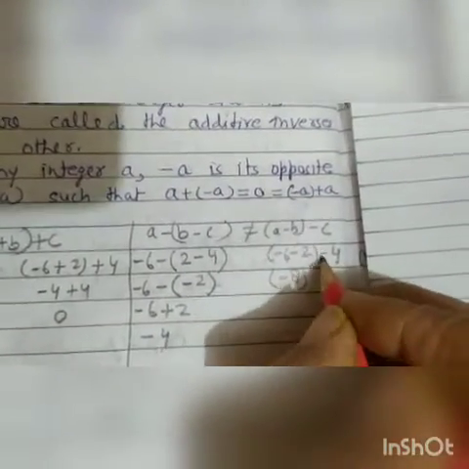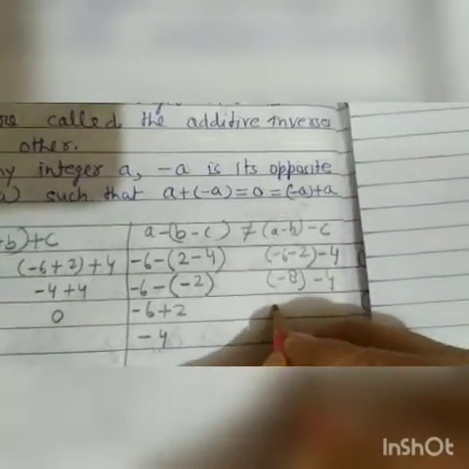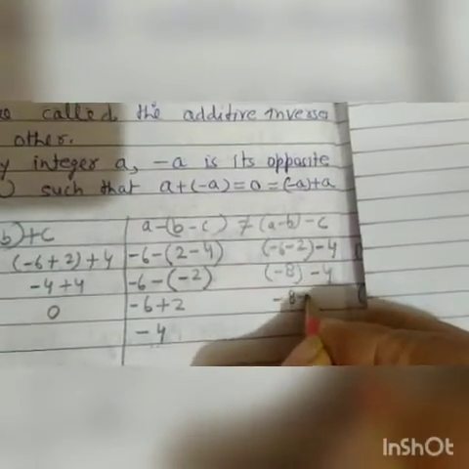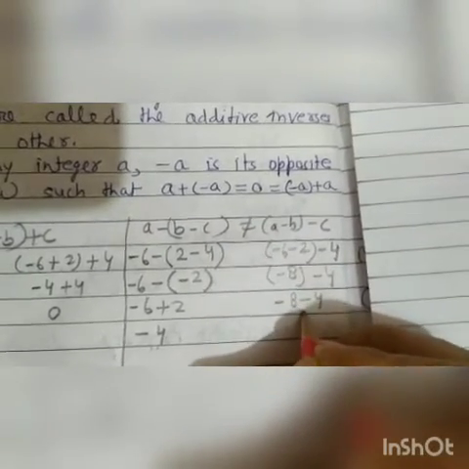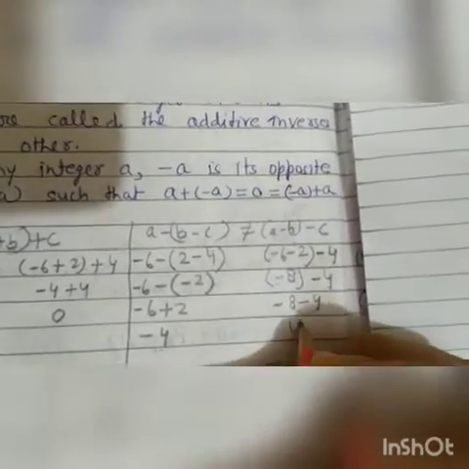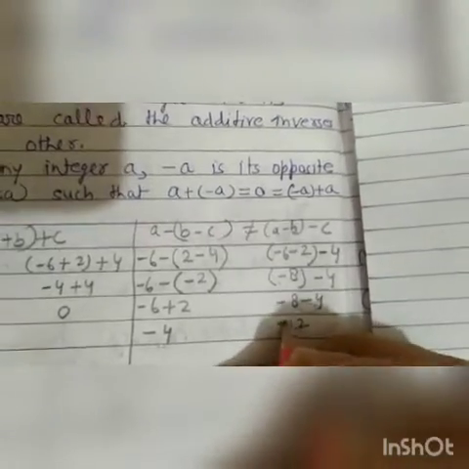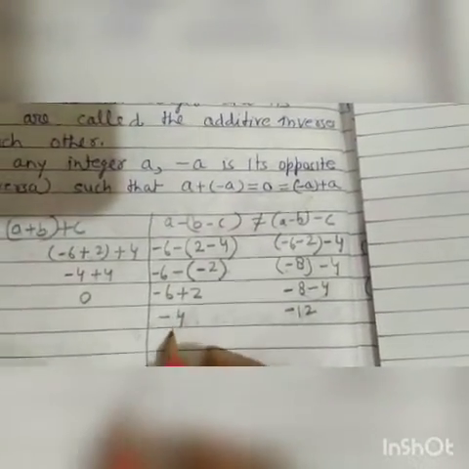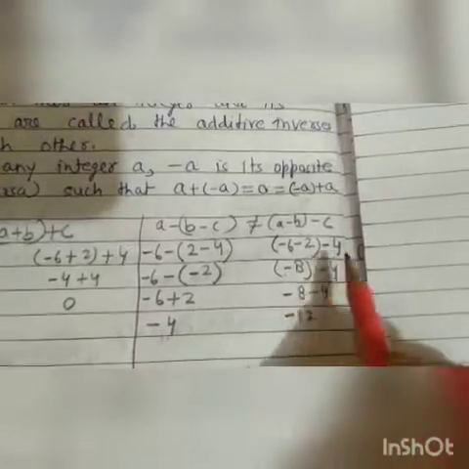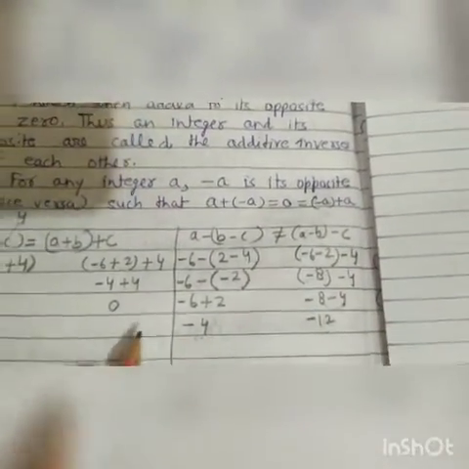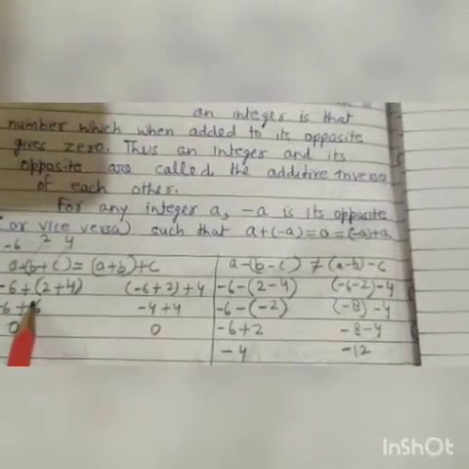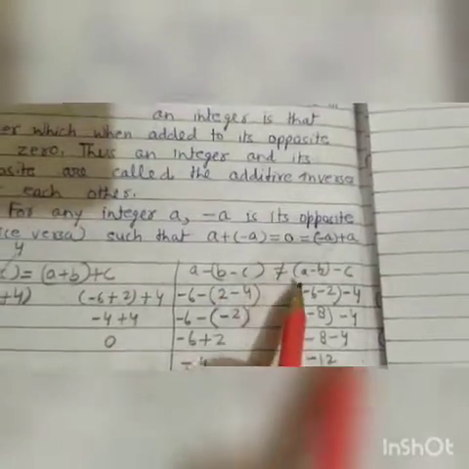Then minus 4. Now minus 8 minus 4: again both integers are with minus sign, so we add their numerical values. 8 plus 4 is 12 with a minus sign. So on the left hand side we get minus 4 and on the right hand side we get minus 12. It means the associative property is true for addition but not true for subtraction.